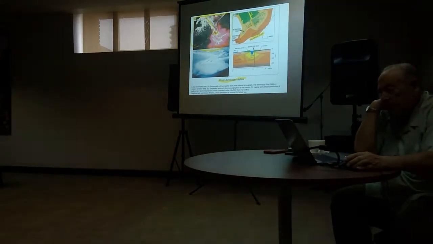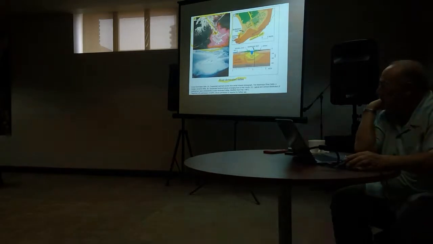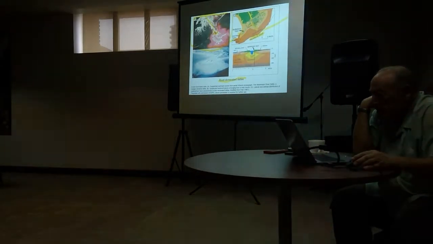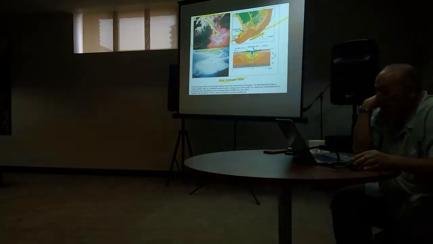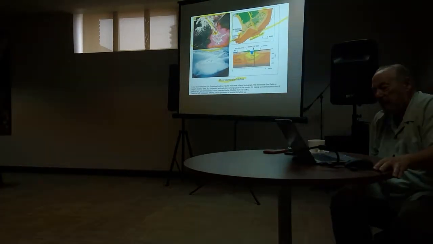We call these river distributary rivers. And so you get sand piling up down here, down there, and over here. So at the mouths of the rivers is where you're going to get sand.